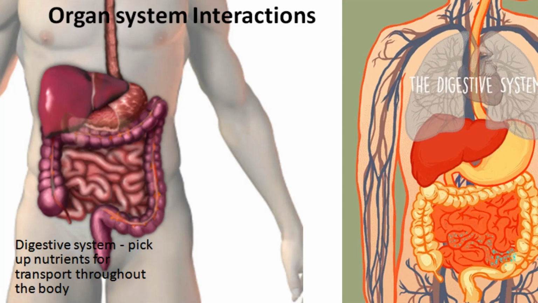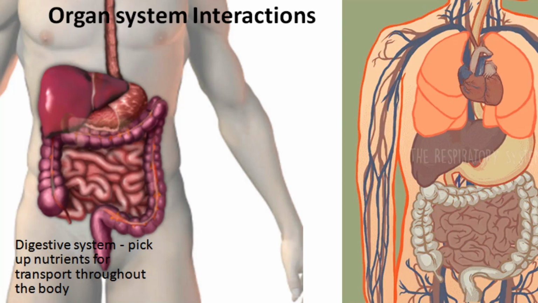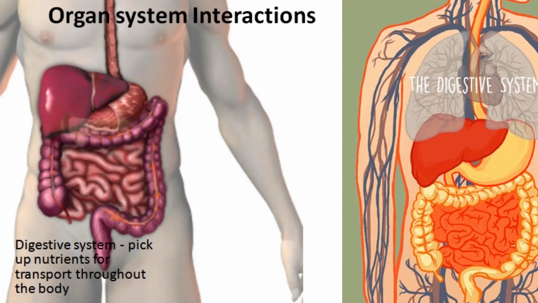Blood will carry all these nutrients along with it and flow throughout the body to supply these nutrients to the entire body. So the second interaction is with the digestive system. It will pick up the nutrients and flow throughout the body.